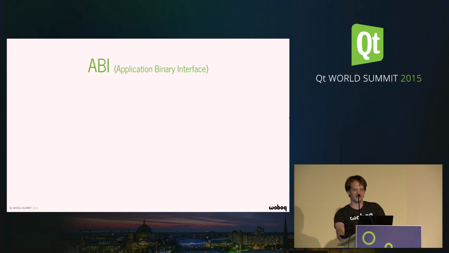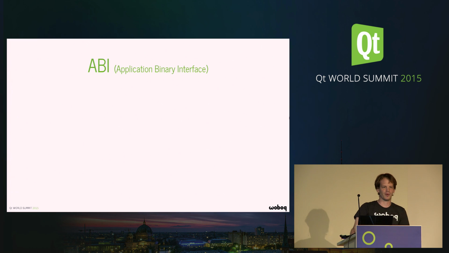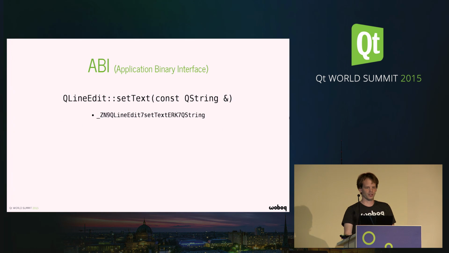What's the ABI, you may ask? I forgot to say that if you have any question at any time, you can just raise your hand and I will try to answer. So the ABI is the application binary interface. It's the interface between a library and an application at the binary level. Imagine you write a function like QLineEdit setText, which takes a QString.